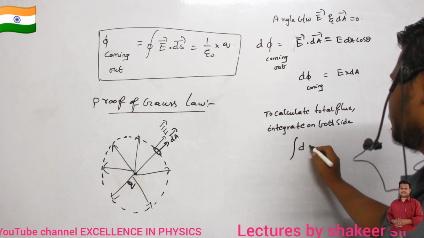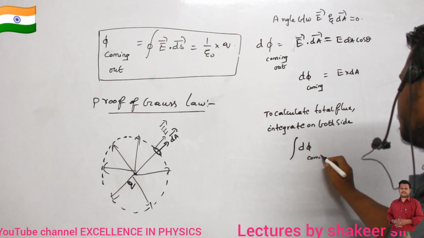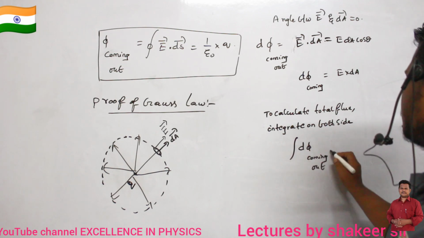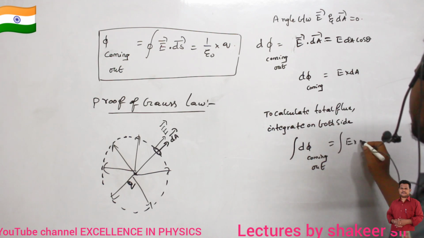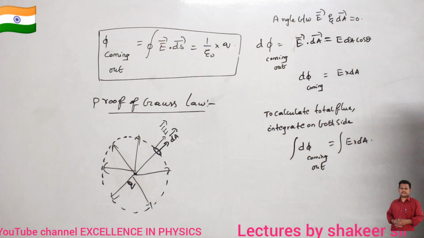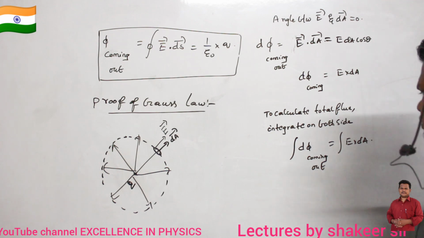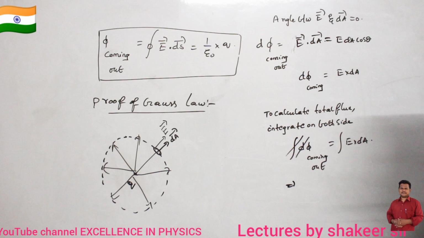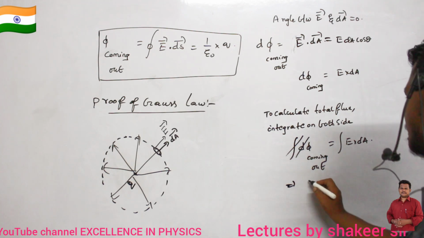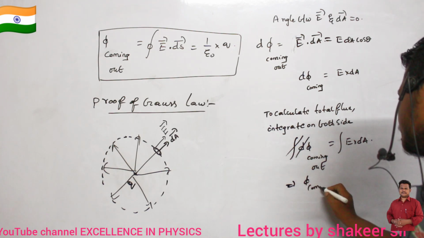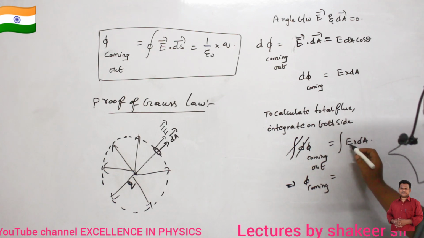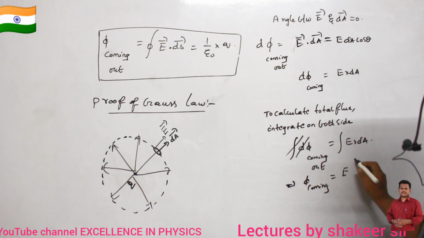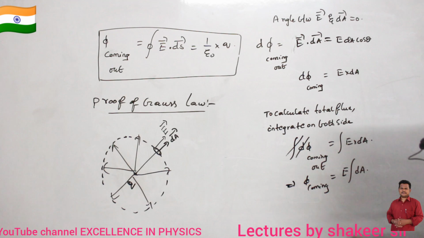So integration of dφ coming out of a surface is equal to integration of E into dA. I can write like this. Clear? Therefore, the d and the integration will get cancelled because they are reverse processes. So flux coming out of a surface is equal to E integration of dA, since E is a constant.